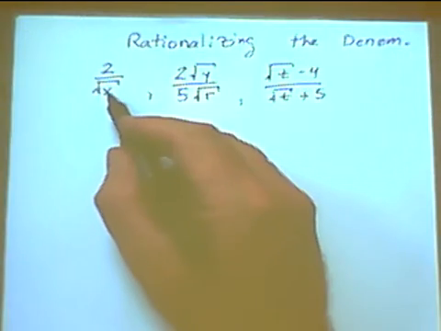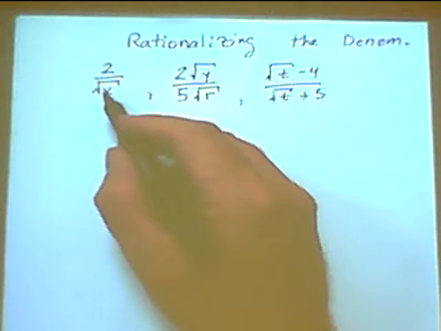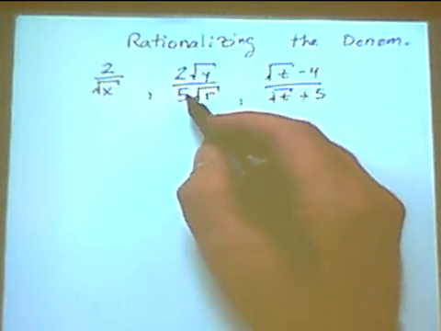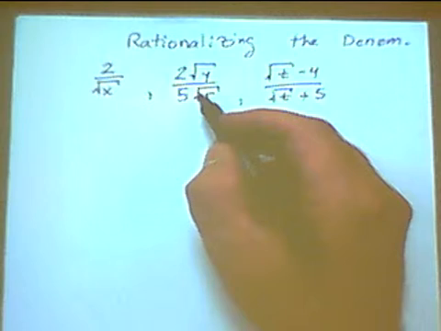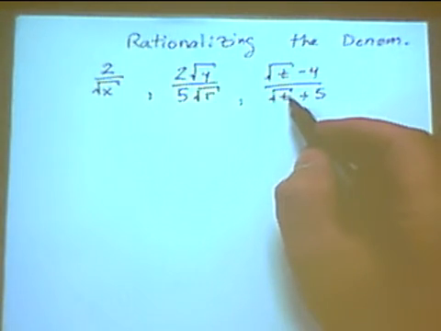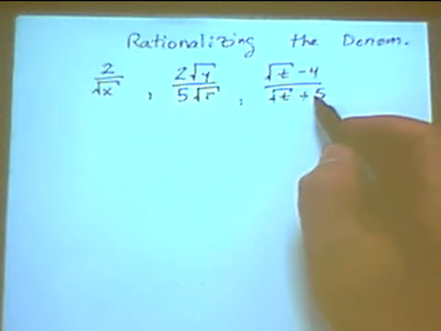You notice the first one, we simply have a radical in the denominator. The second one, we have a radical in the denominator, but also multiplied by a number. So these are both factors in the denominator. The third one, we have a radical in the denominator, but I also have another term. Once again, remember, terms are things you add together.